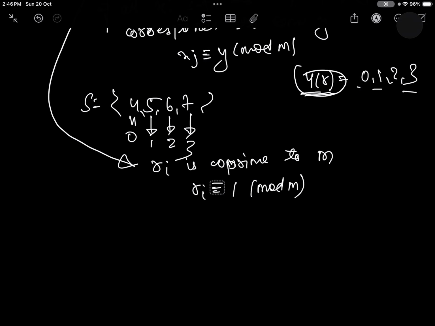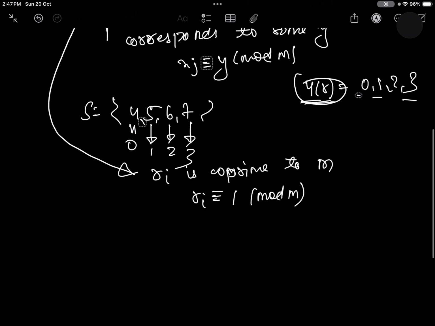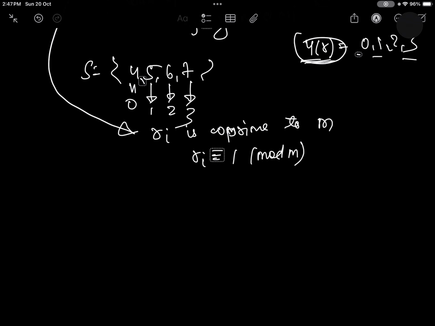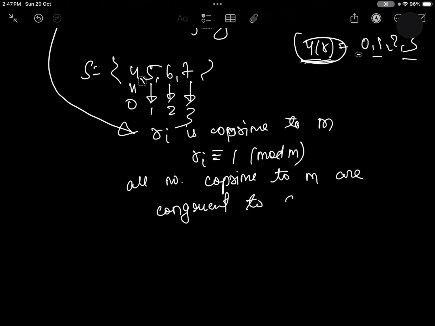If we look at an official definition for it, it also states that all numbers co-prime to M are congruent to some unique Ri mod M. Okay, pretty understandable from the definition itself.